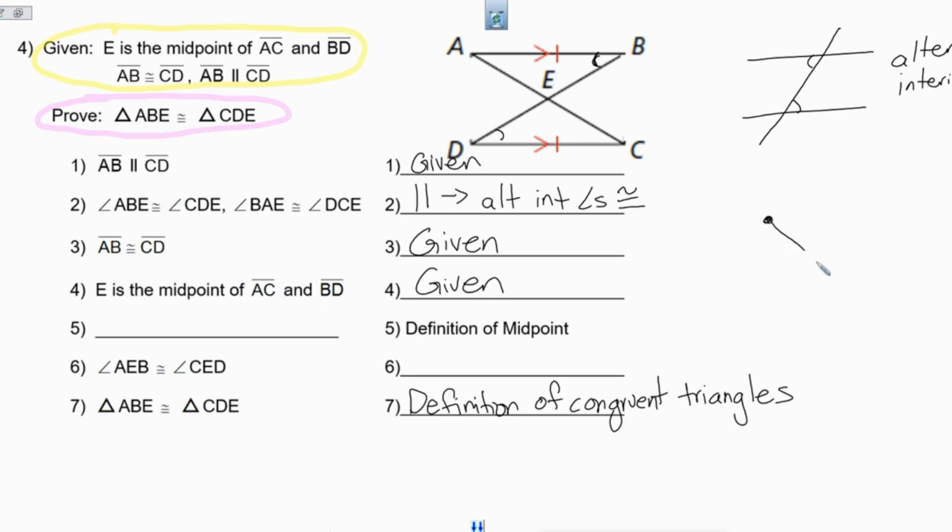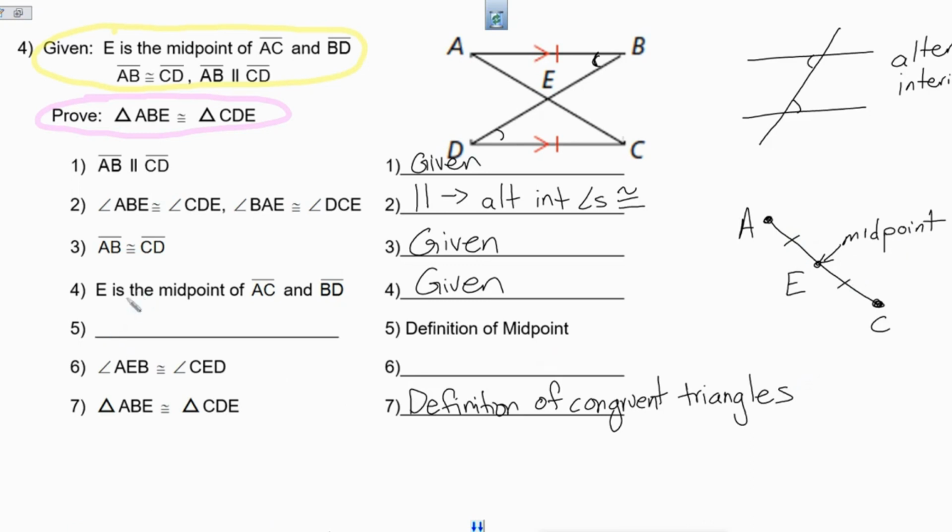So remember, when we talk about midpoint of a segment, we know that E is the midpoint of segment AC. So we have an endpoint of A and C, E in the middle. So if this is actually the midpoint, like the problem told us, that means that what's on both sides of E are equal to each other, same measure.